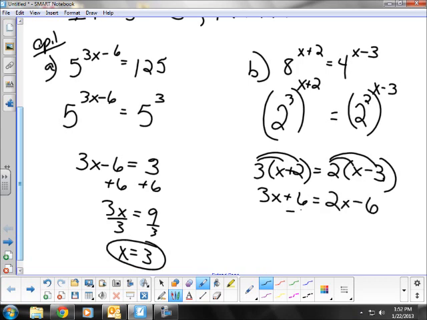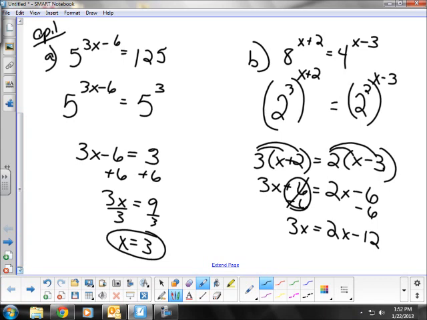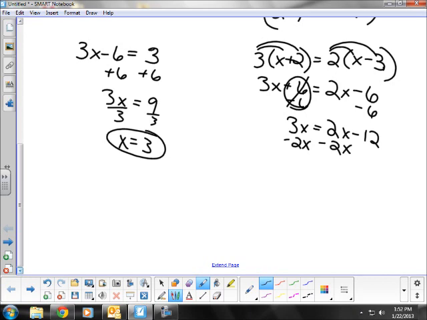Then we have to subtract 6 from both sides. So 3x, this is a 0 pair, it's gone. 2x minus 12. Then I've got to subtract the 2x from both sides. Here, this is a 0 pair, so it's gone. So I'm left with 1x is equal to negative 12.